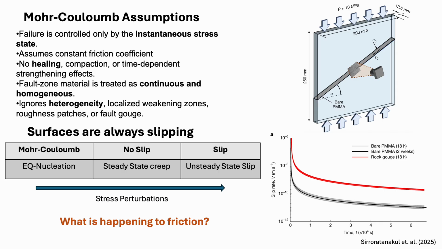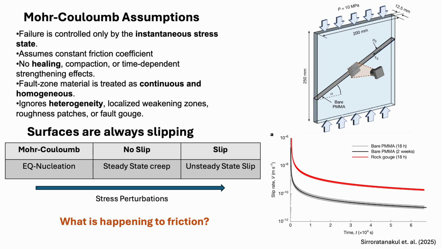On the right, this picture was taken from a paper by one of our collaborators, Surat Anakul, published in Nature Communications in 2025, wherein he conducted experiments on a PMMA block, which is polymethyl methacrylate. It's kind of a fiber. There is a fracture plane which goes right through the block, and some stresses are applied.